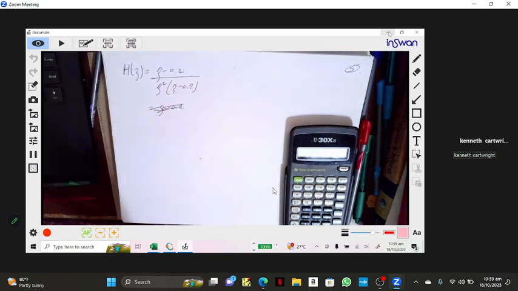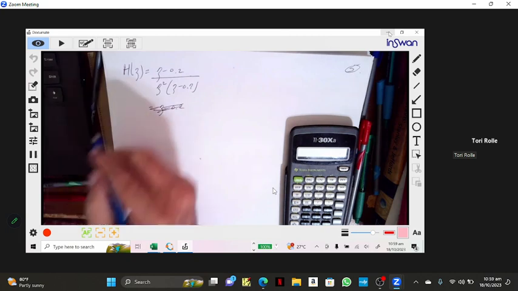One zero. Where is it located? In the numerator.